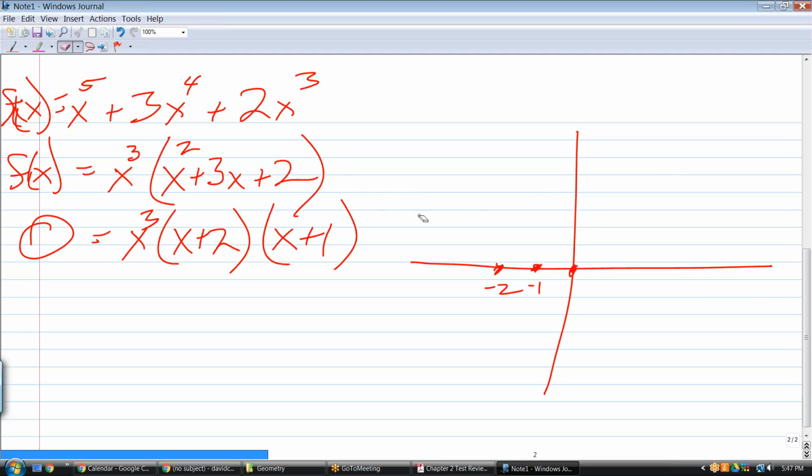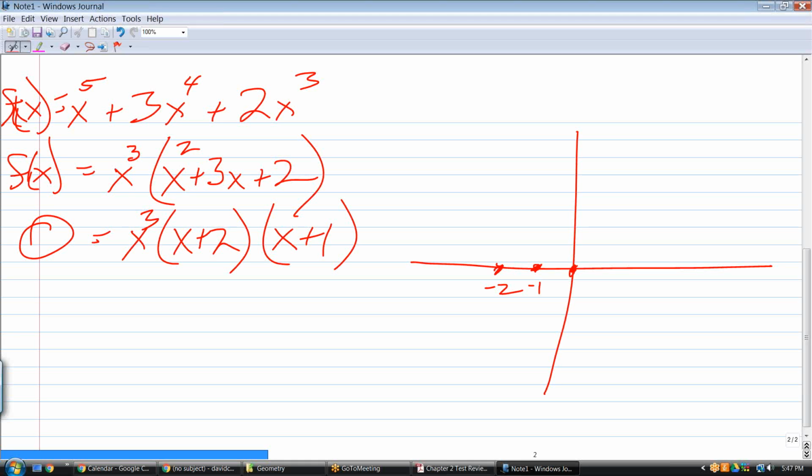Now, can we figure out how to draw this graph? Remember the first question about end behavior. What was the end behavior as x went to infinity? We can start from the left or the right.